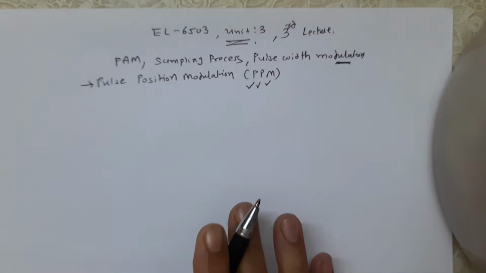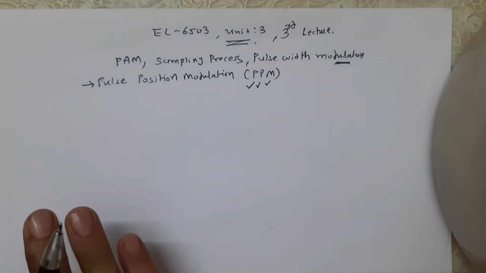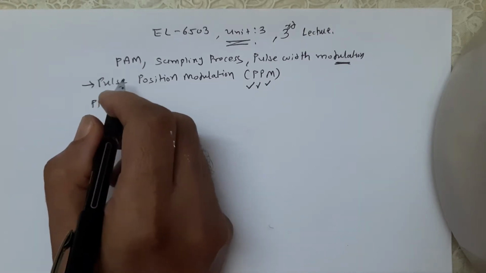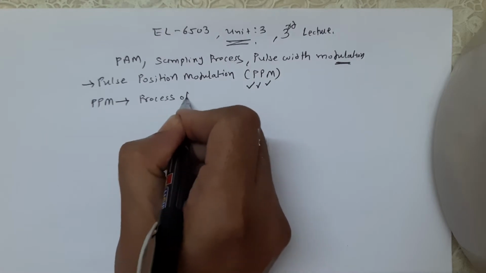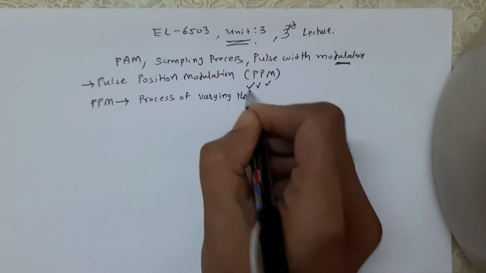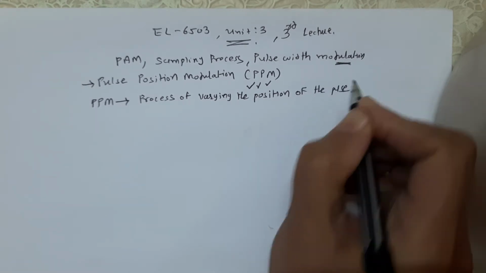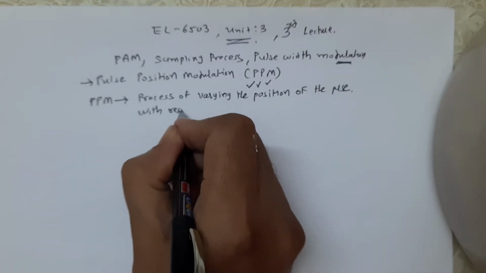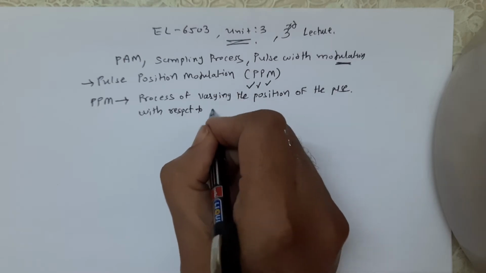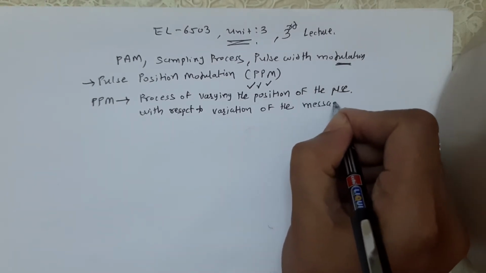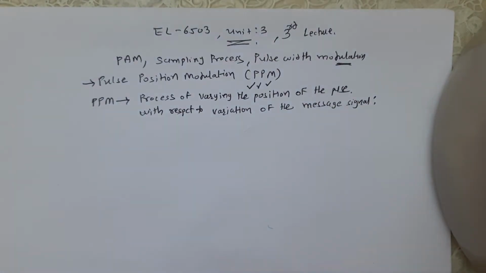Here, PPM is defined as the process of varying the position of the pulse with respect to variation of the message signal.